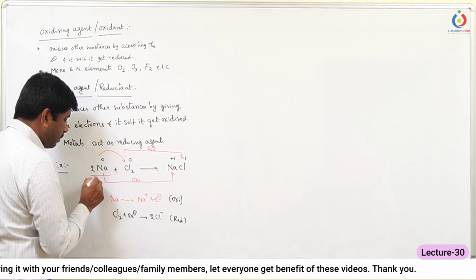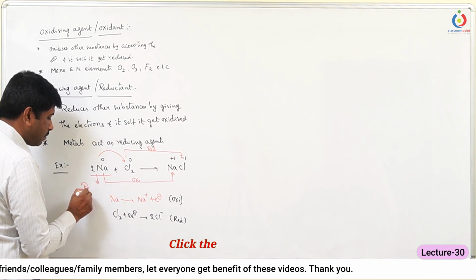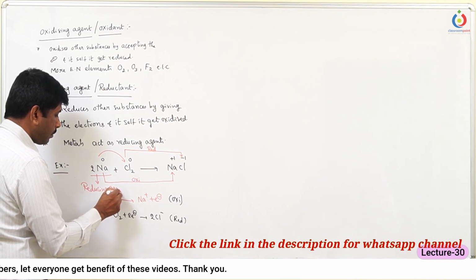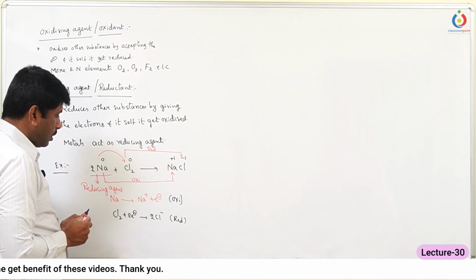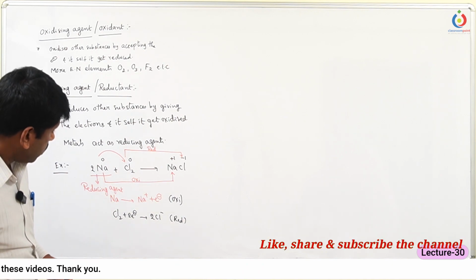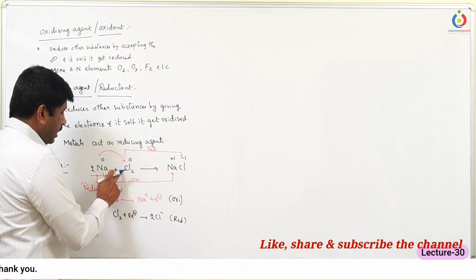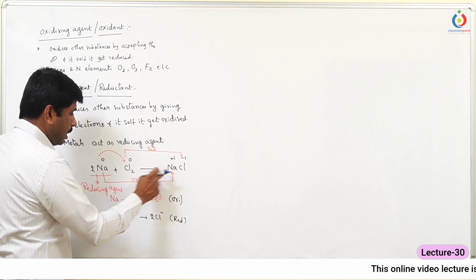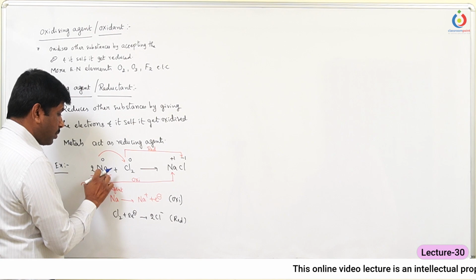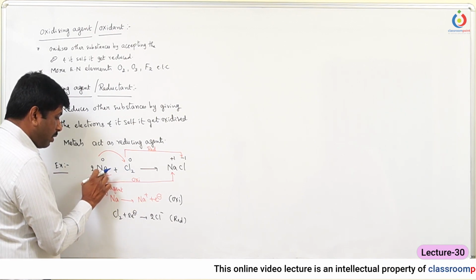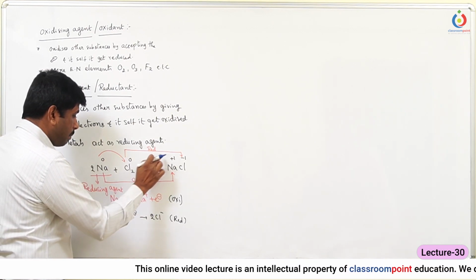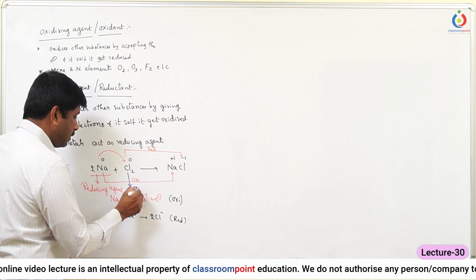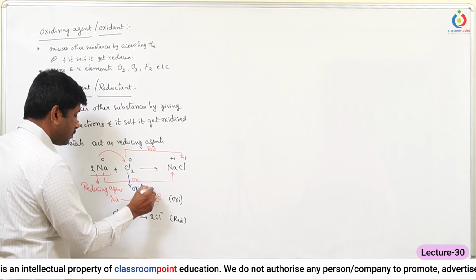That's why sodium is called the reducing agent. Whereas chlorine takes the electrons from the sodium and itself gets reduced, but by taking the electrons from the sodium, it is responsible for the oxidation of the sodium from 0 to the +1 oxidation state. That is the reason why chlorine is called the oxidizing agent.